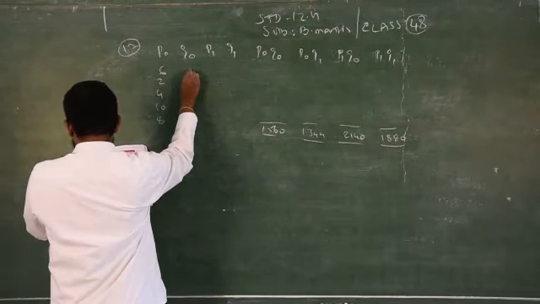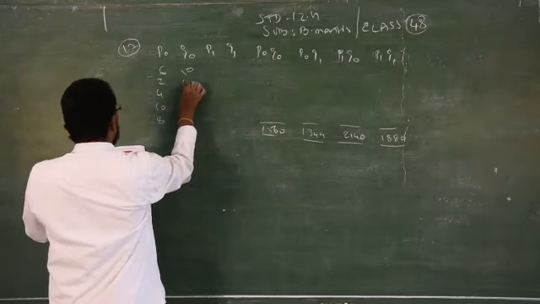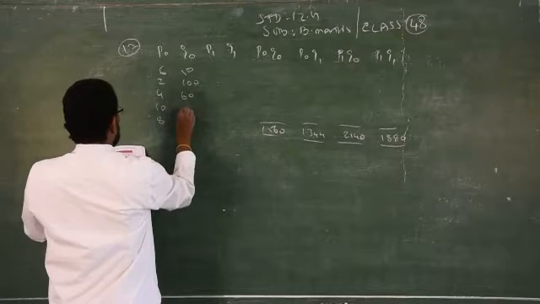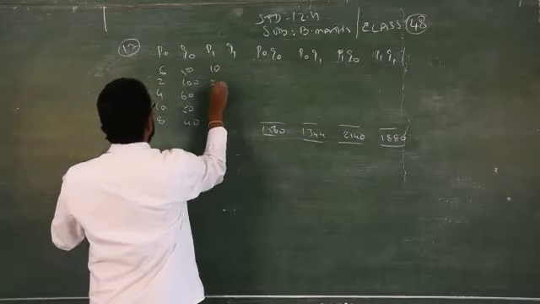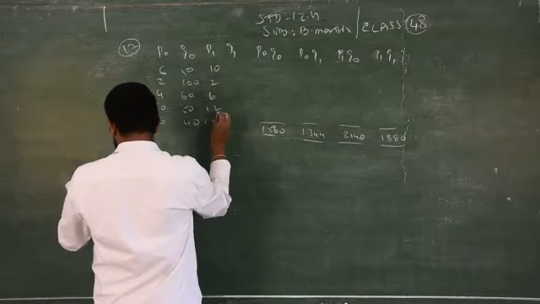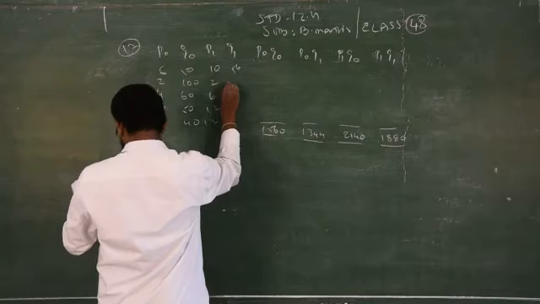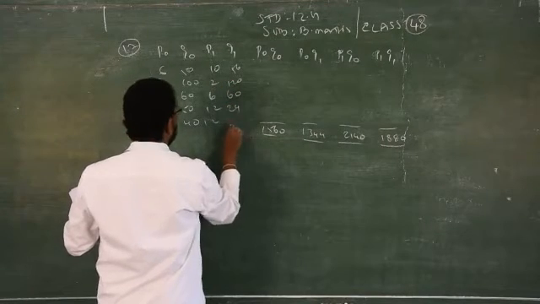Q naught, the number of units or quantity: 50, 100, 60, 50, 40. Then the price under the current year: 10, 2, 6, 12, 12. And this is 56, 120, 60, 24, 36.